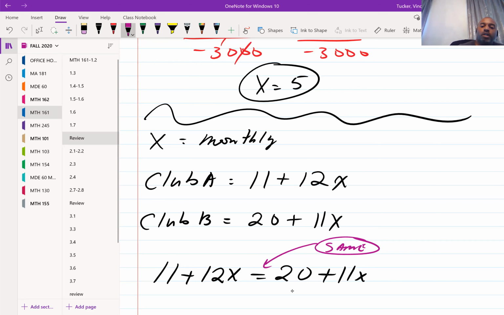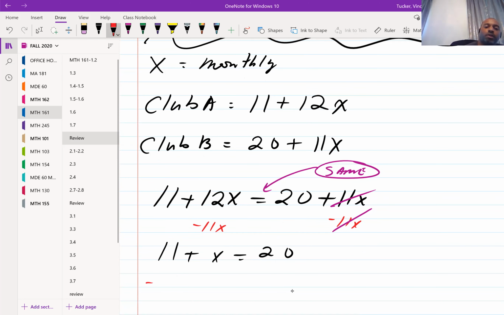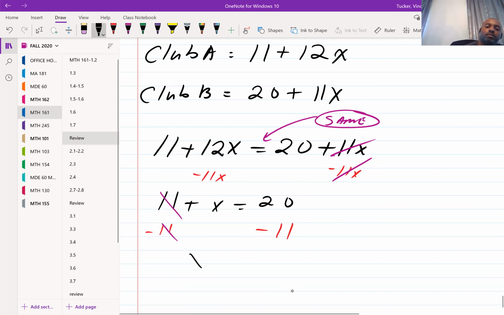So you go ahead and solve for X. Subtracting 11x from both sides. Subtracting 11. X is equal to 9. So in 9 months, they will be the same.